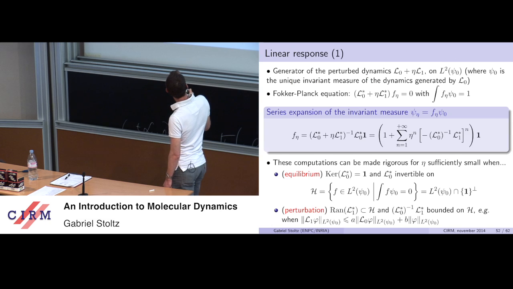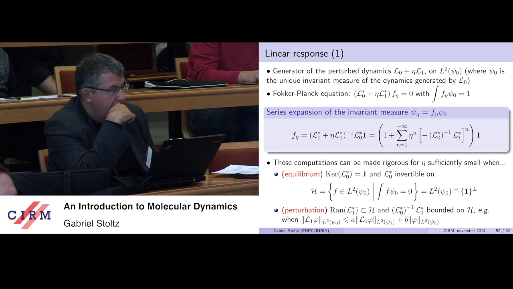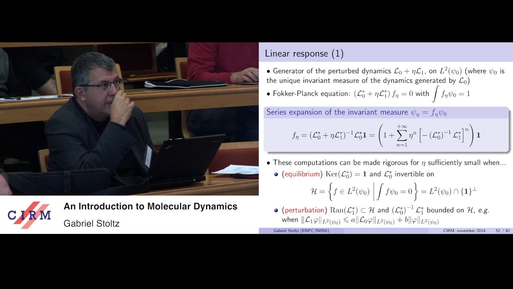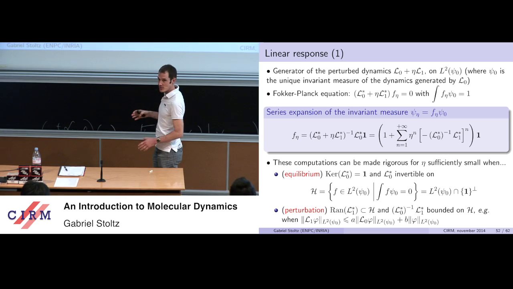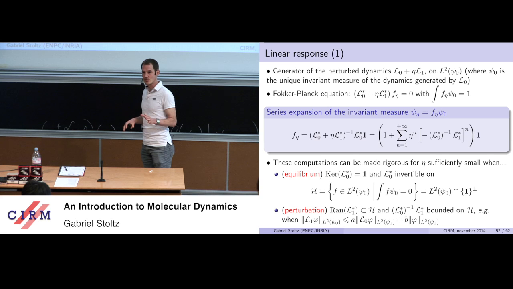So the Fokker-Planck equation, now I write it on this Hilbert space, L2 of psi naught. You know the reference system, the case where you have no forcing, you know the invariant measure, and you want to see the non-equilibrium system as a perturbation of this equilibrium one.